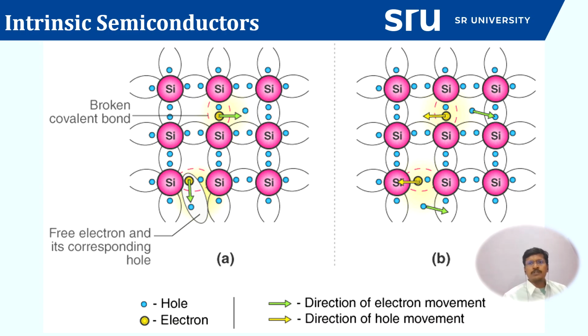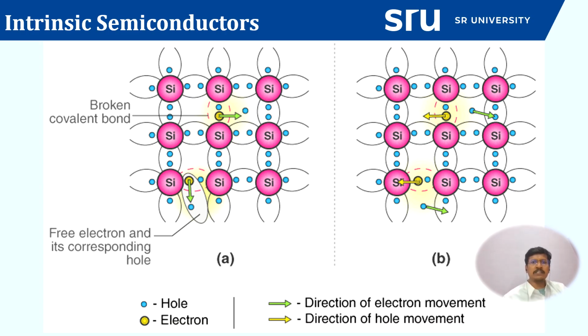Let us carefully observe what happens inside an intrinsic semiconductor. If you see the crystal structure of silicon, in the crystal lattice, every silicon atom forms 4 covalent bonds with the neighboring atoms. Those bonds create a stable structure at low temperatures. At low temperatures, the electrons remain tightly bound in these covalent bonds.